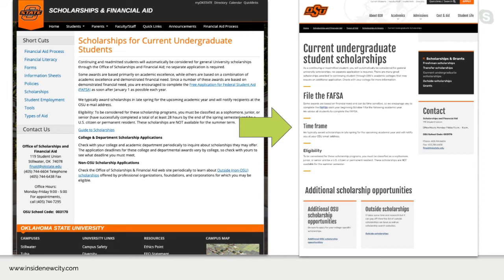The homepage and the about page might be gorgeous, but for undergraduate students, the FAFSA page might be the one that's going to get the most usability points out of a redesign.